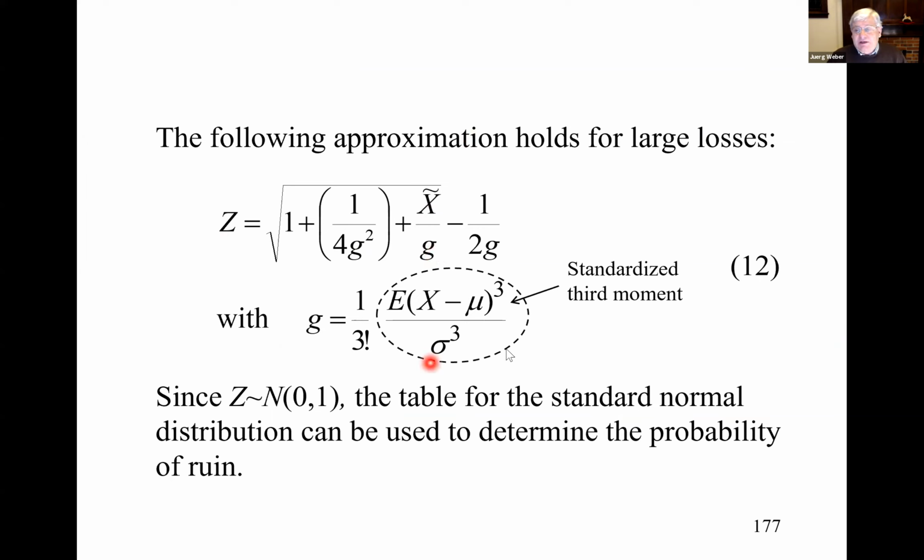G is basically given by the skewness, by the standardized third moment. So you calculate this g, you plug it in here, and then you get a random variable z. And that one will be normally distributed. So you can now use the tables for the normal distribution, and you can use it then to determine the probability of ruin.